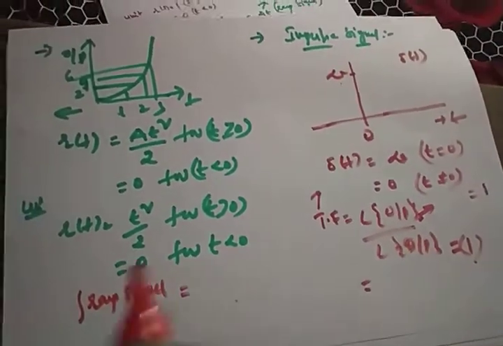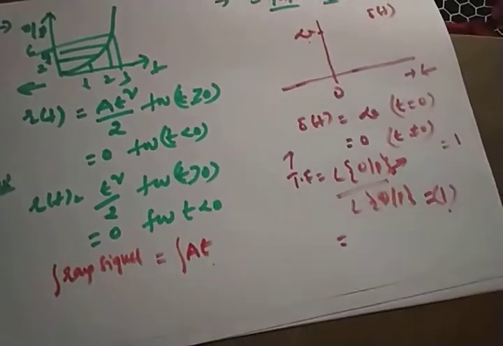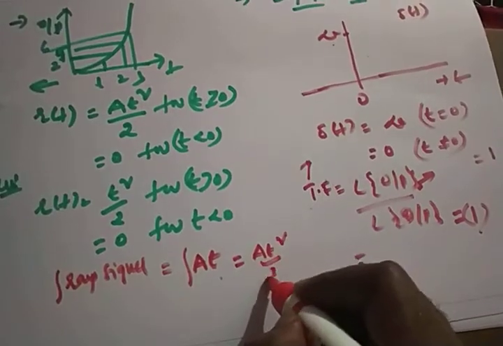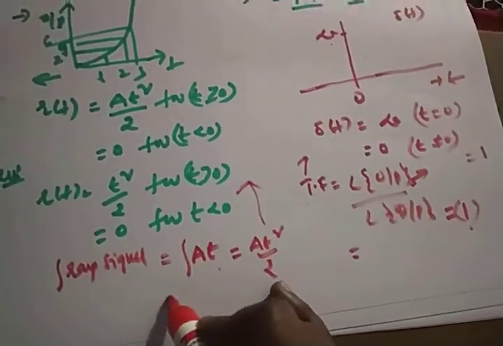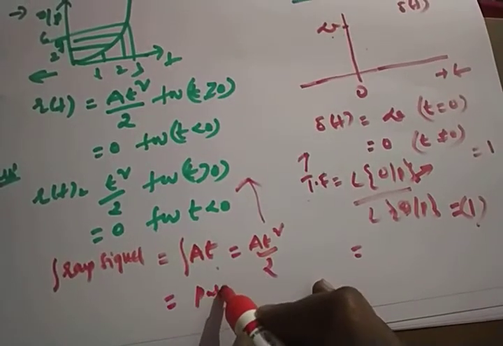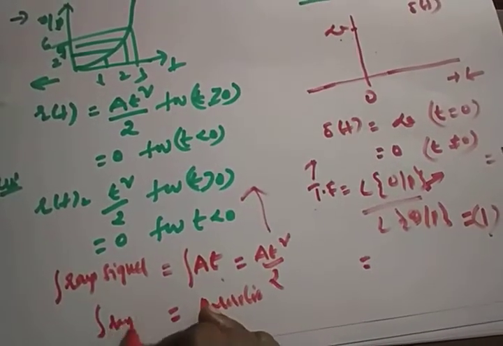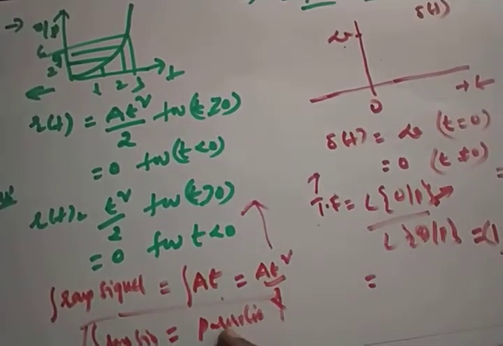What is a ramp signal? It is At. So integrating At, you get At squared by 2. So what is it? It's a parabolic signal. So the integral of a ramp signal is a parabolic signal.